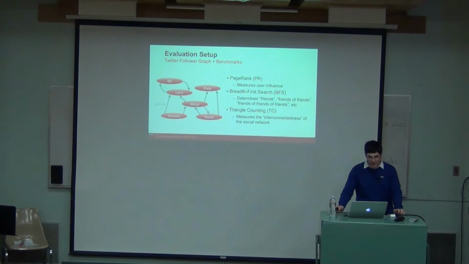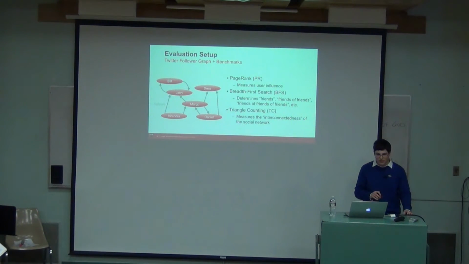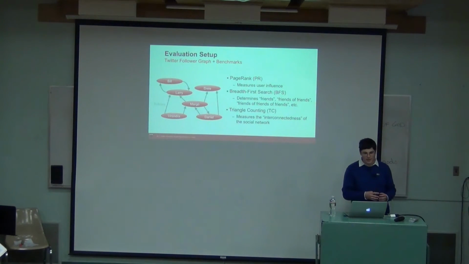The vertices are people and the edges are the follows relationships. I'm going to run three experiments for the most part. PageRank, which is normally used for ranking web pages, but in the context of a social network it is actually a pretty good indicator of user influence.